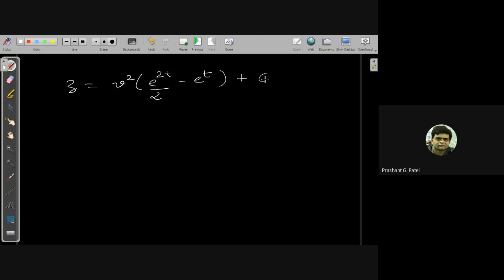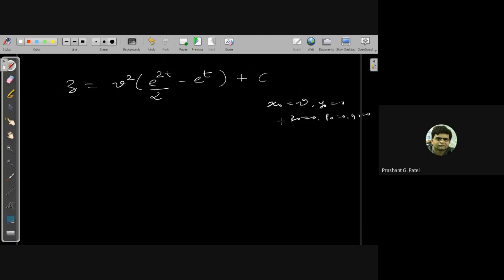Now we will use the initial condition. The initial condition says that x0 is v, y0 is 0, z0 is 0, p0 is 0, q0 is 0.